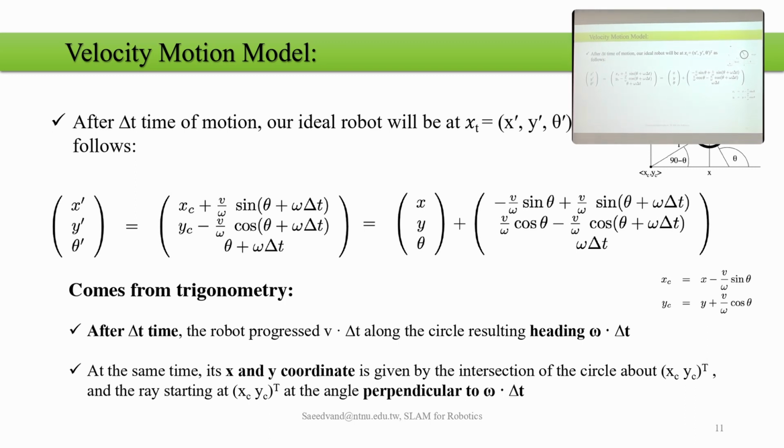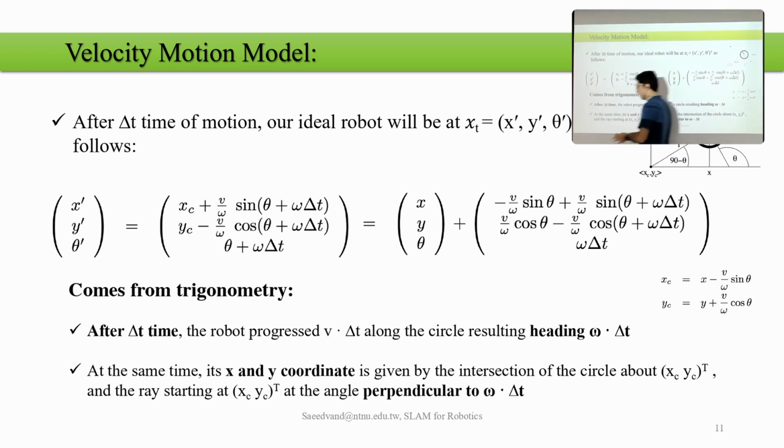So I also included some explanation. This comes from trigonometry, geometry: after delta time, the robot progresses v times delta t along the circle, resulting in heading w times delta t. So this calculation over here just shows how much the robot moves on the circle, and calculates its time based on the center.